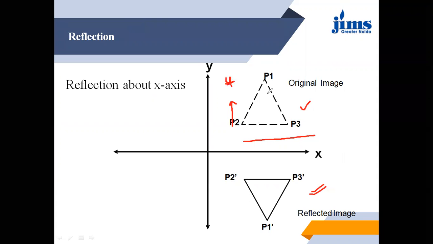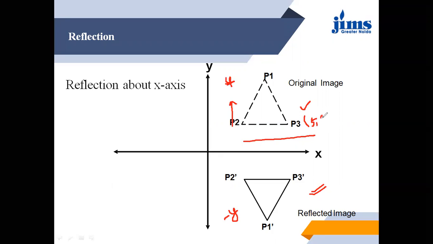But we are reflecting with respect to the x-axis, so it will be below the x-axis, and the value of y is negative. For example, this point was 5 and 2.